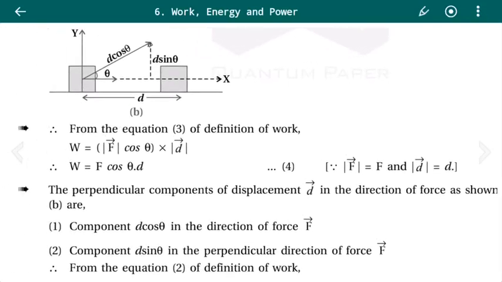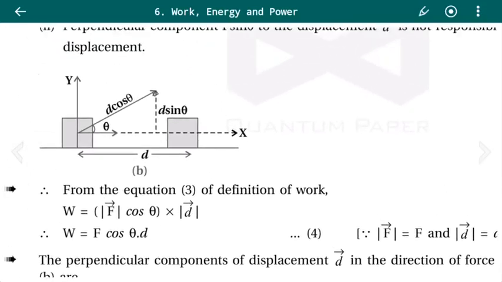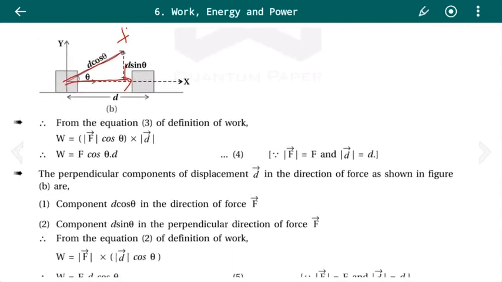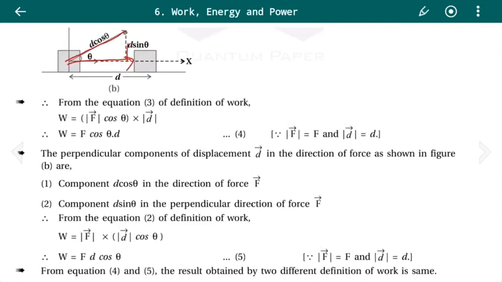Here the component D cos theta is in the direction of the force, as we have seen, we were having force in this direction, so D cos theta is the component of the displacement in the direction of the force, because from this displacement we have taken the projection on this vector. And component D sin theta is perpendicular to the direction of the force.